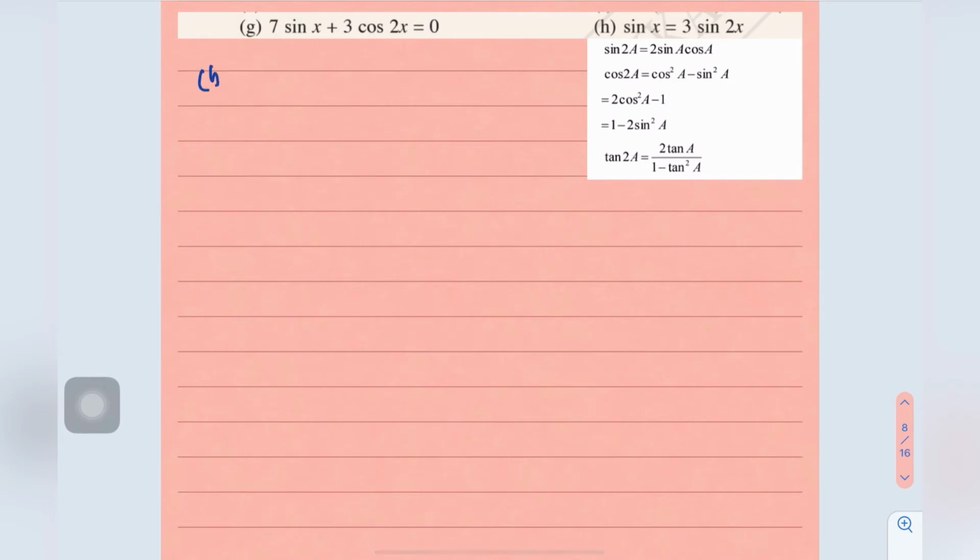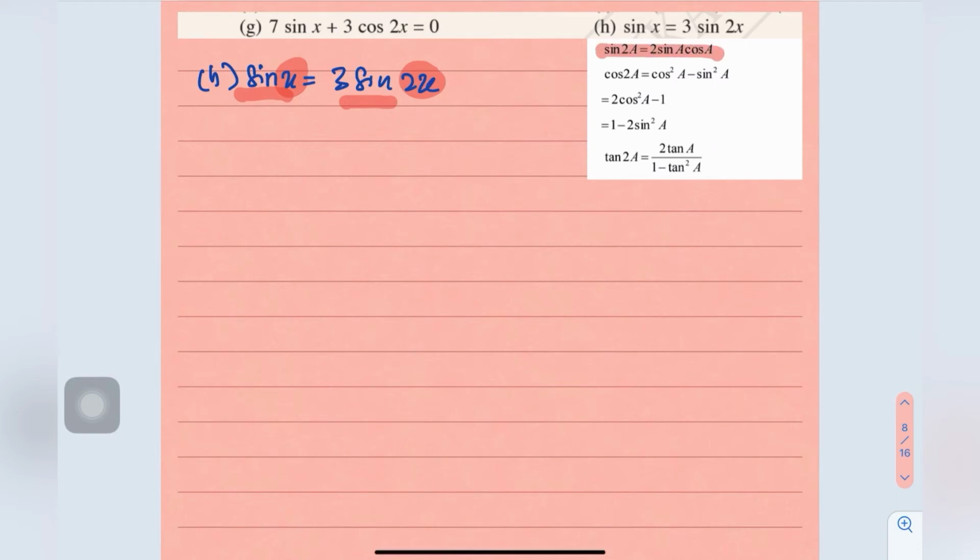Next, sin x equals 3 sin 2x. It looks like sine and sine, but the angle is not uniform. This one is a single angle, this one a double angle. So you have to make it uniform.